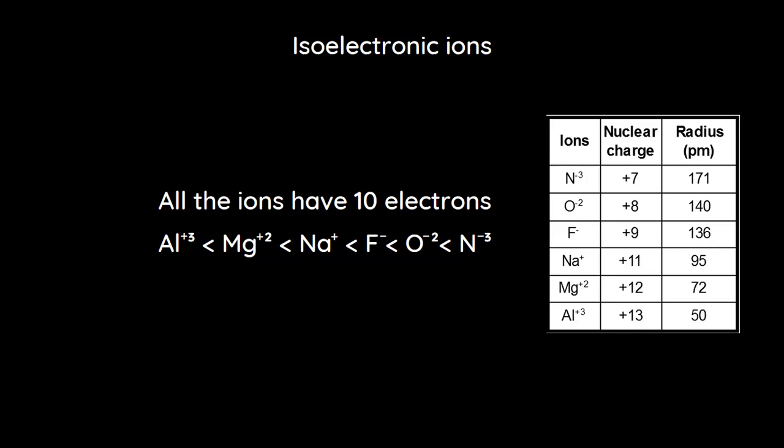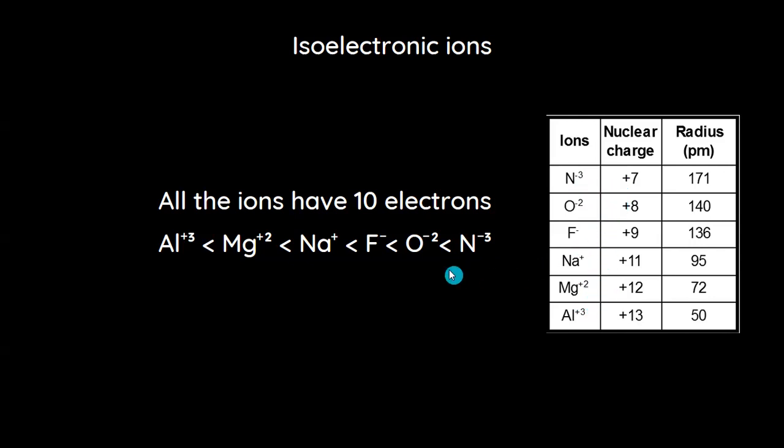The reason I say this is because nitrogen's atomic number is 7, so the nuclear charge is +7. Oxygen, on the other hand, has a nuclear charge of +8. Fluorine is +9. Sodium is +11. Magnesium is +12. Aluminium is +13.